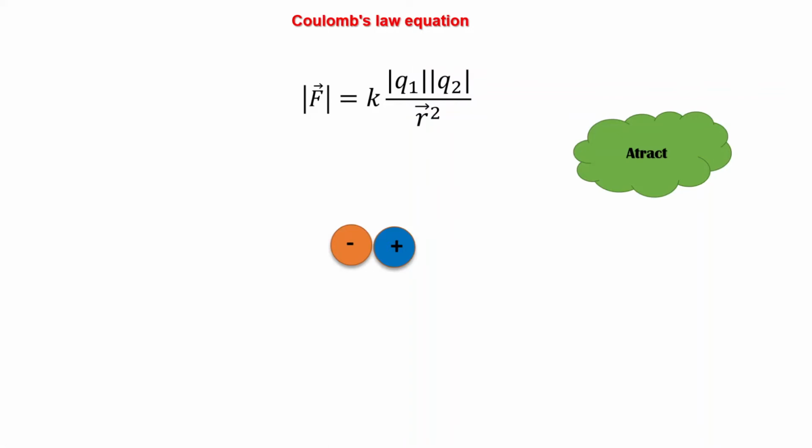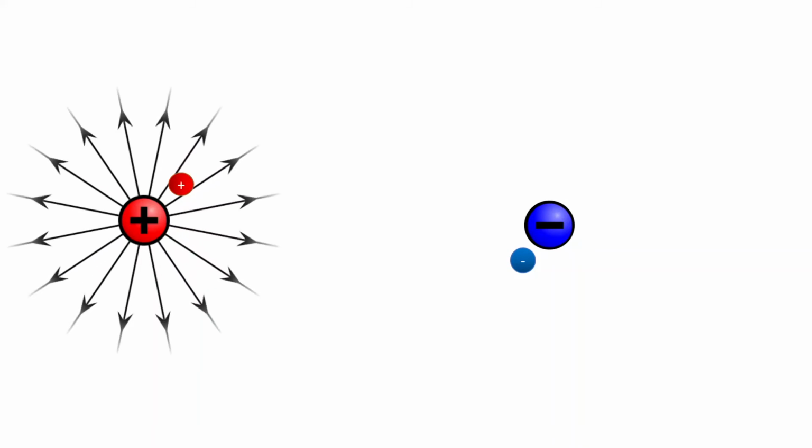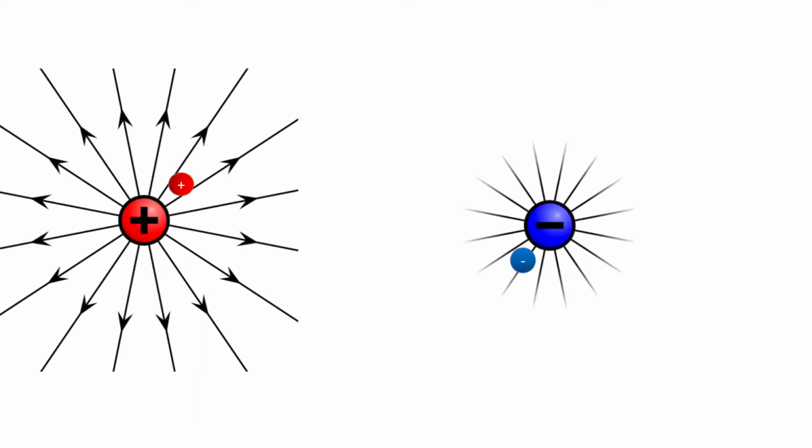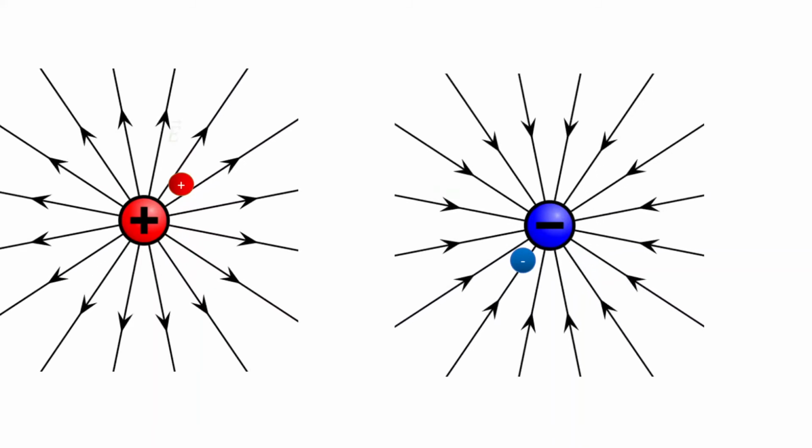Now, how will charges move in the electric field? If I place a positive charge close to the positively charged particle at the left side, and I place a negative charge beside the negatively charged particle at the right side, as you know, the electric field around positive and negative charges is like this.